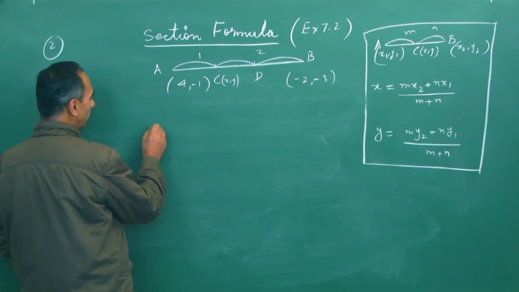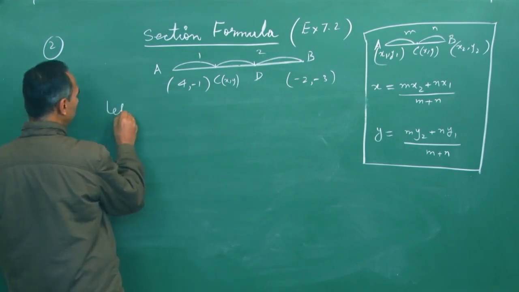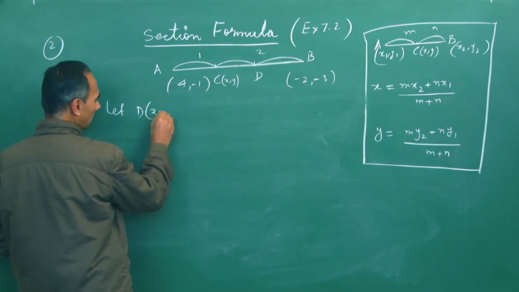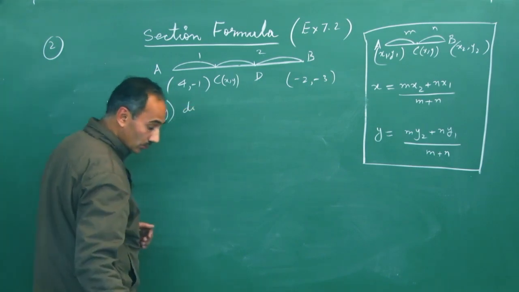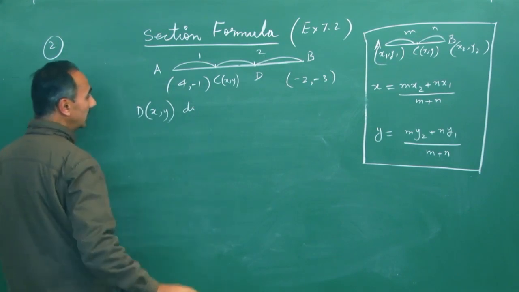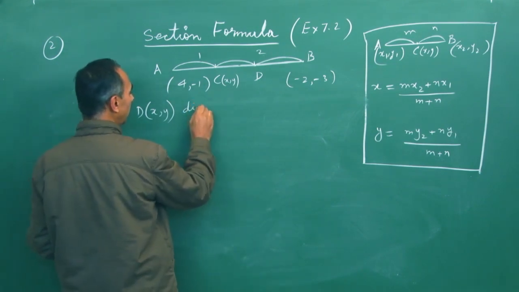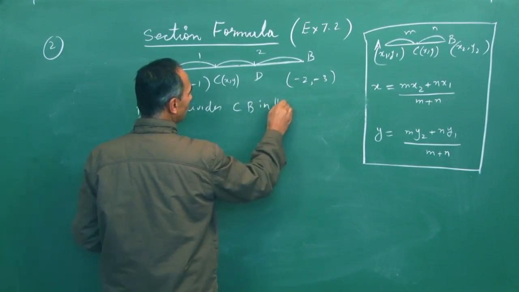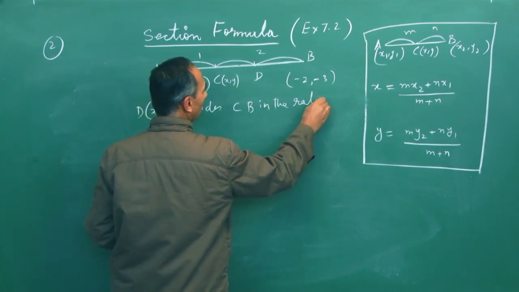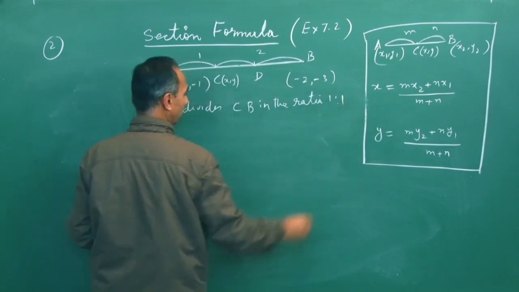Now, see, let D be x, y. D divides CB in the ratio 1:1.